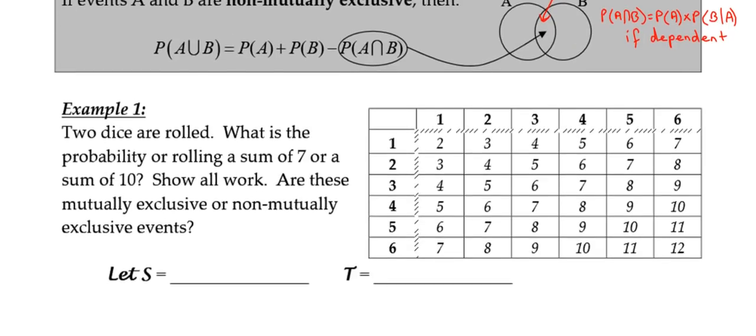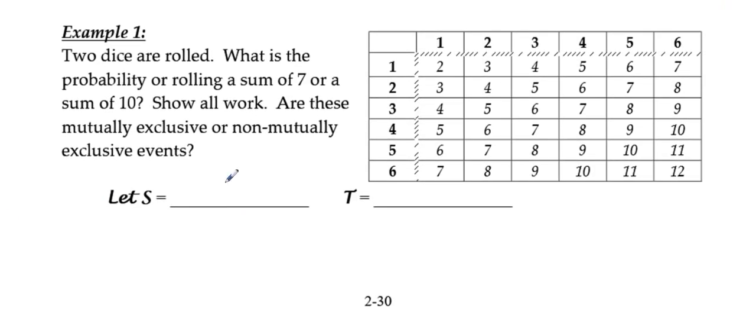So let's look at the next example. 2 dice are rolled. What is the probability of rolling a sum of 7 or a sum of 10? So S is rolling a sum of 7 and T is rolling a sum of 10.